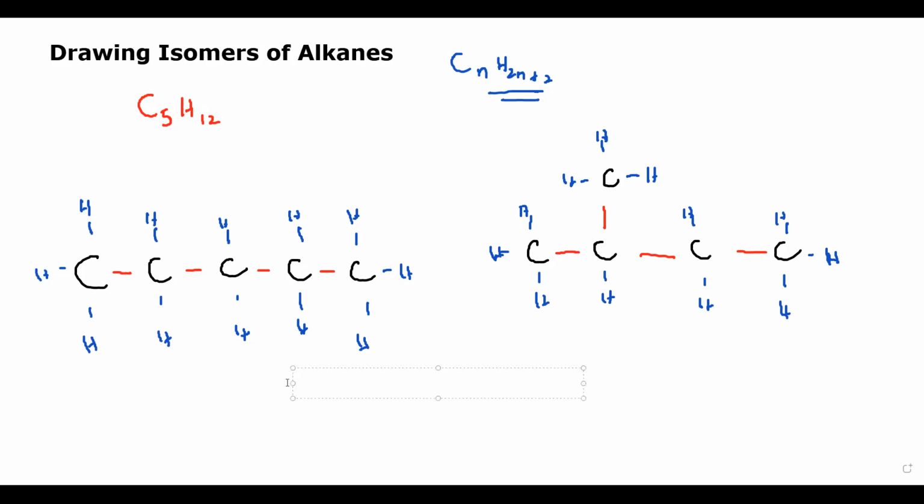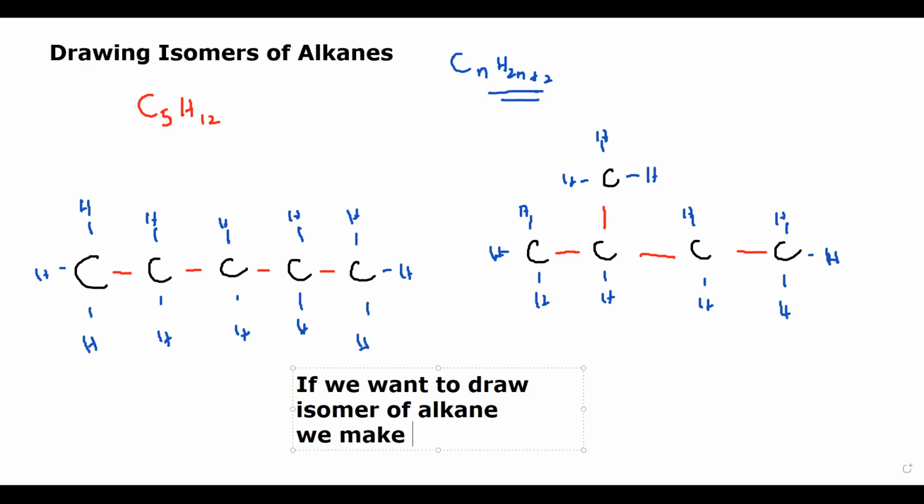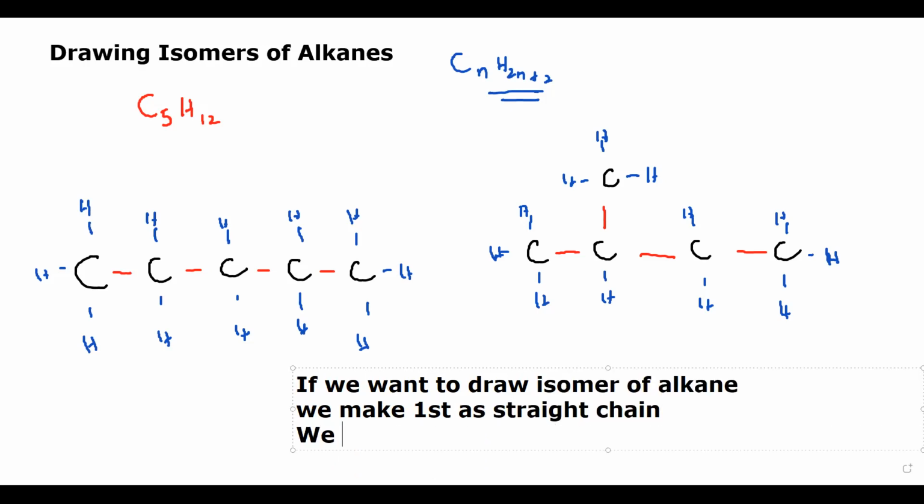So if we want to draw the isomers of alkane, we make the first one as a straight chain, and the second one as a branch.